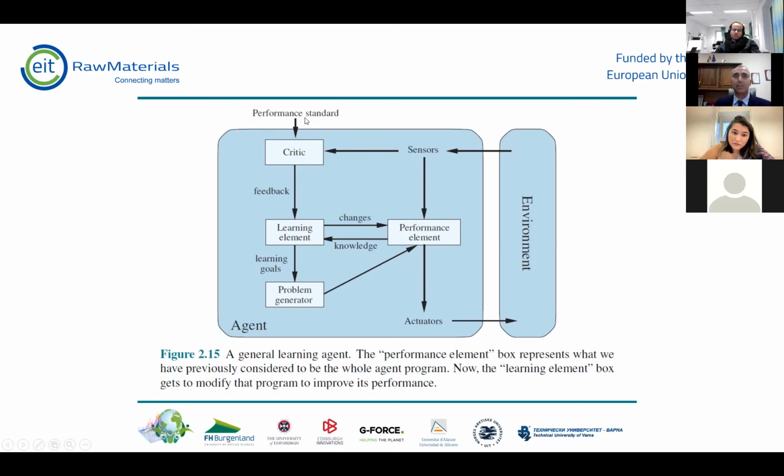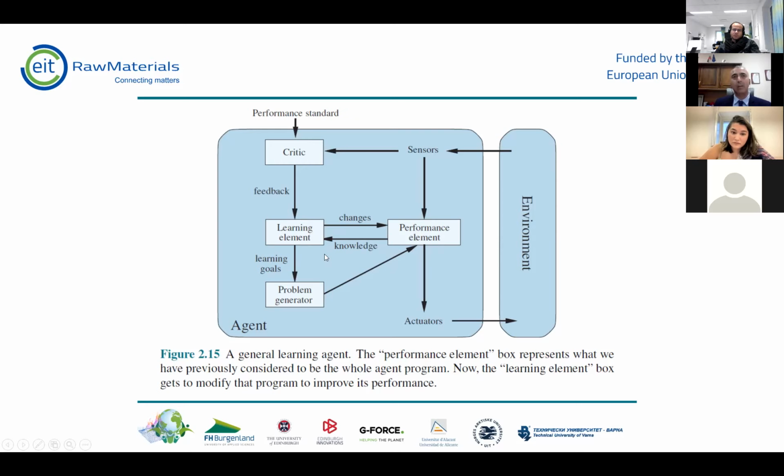According to some performance standards that are given to this agent, it can really decide, do I need to learn some new functions? Am I successful? No, I need to learn some new functions. And then what functions to be learned depends on the learning element, which suggests changes into the modules, exchanges knowledge, and in some iterative way adapts the modules or the decision-making process.